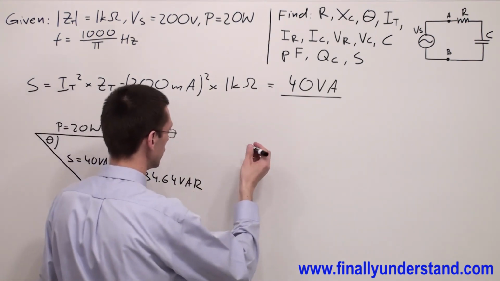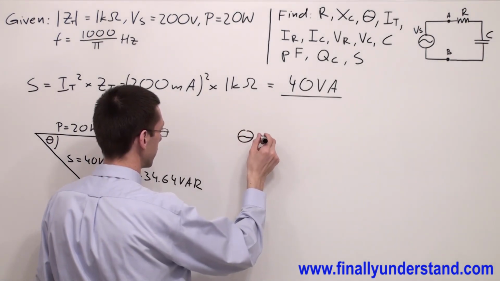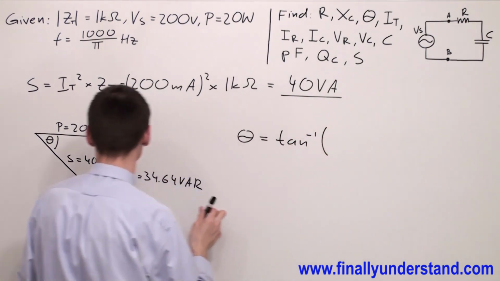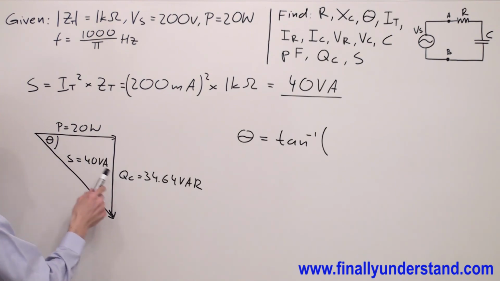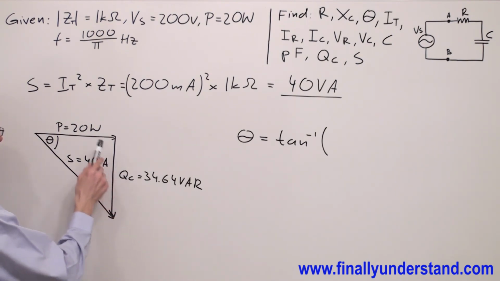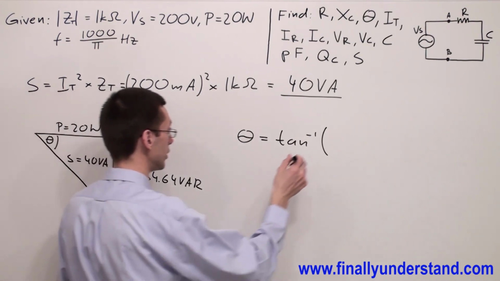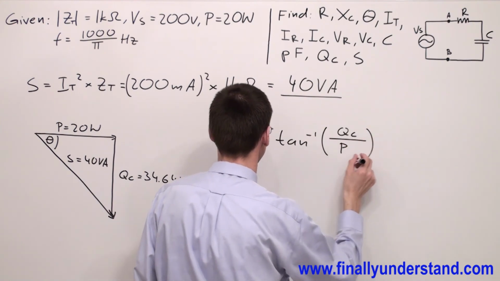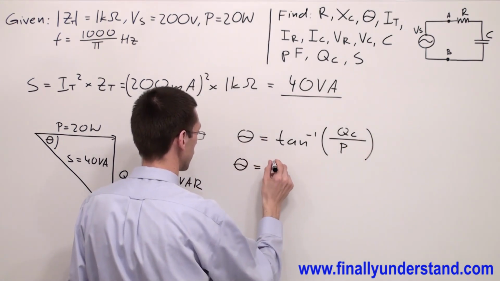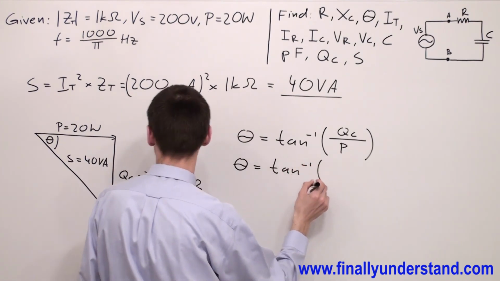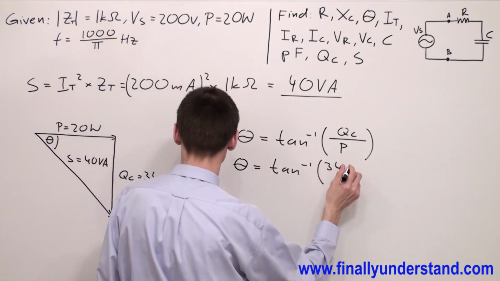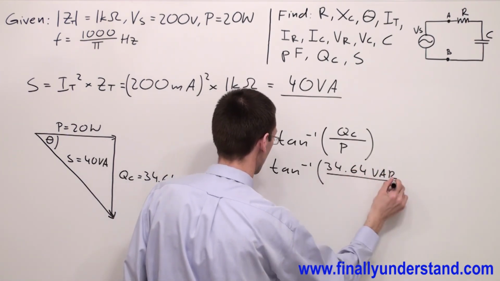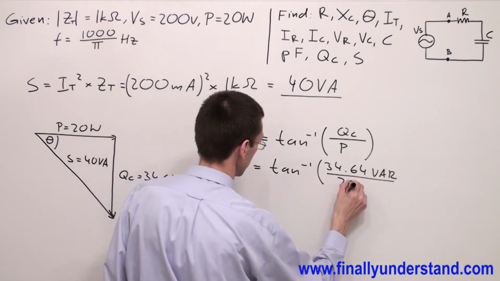I prefer to use tangent, so in order to find theta, I'm supposed to use inverse tangent, and tangent of this angle is opposite side divided by adjacent, so I have QC over P. Okay, so theta is equal inverse tangent, and QC is equal 34.64 VAR over 20 watts.